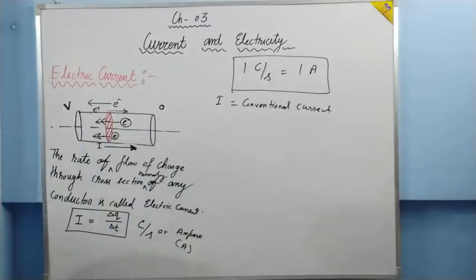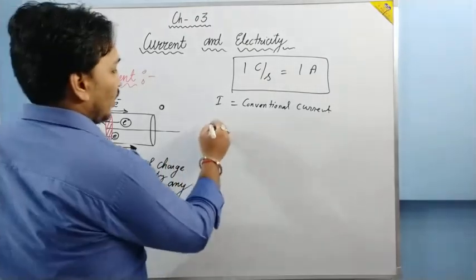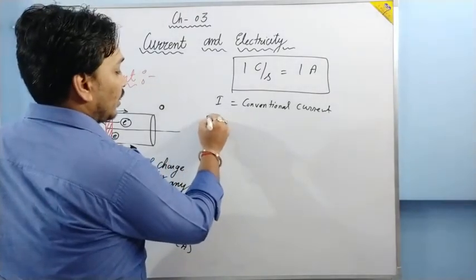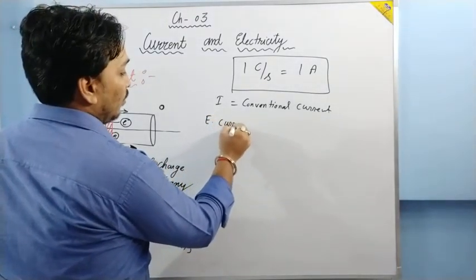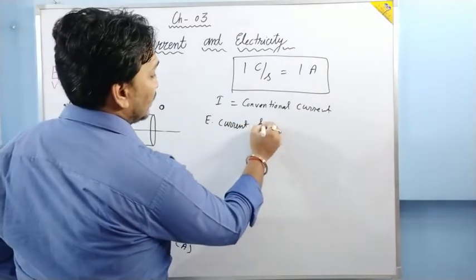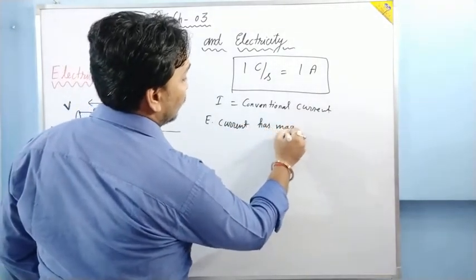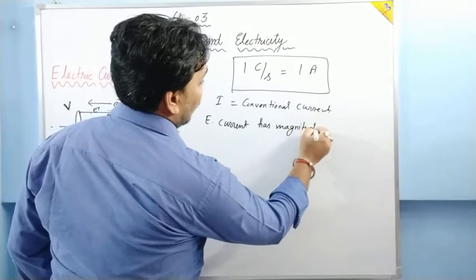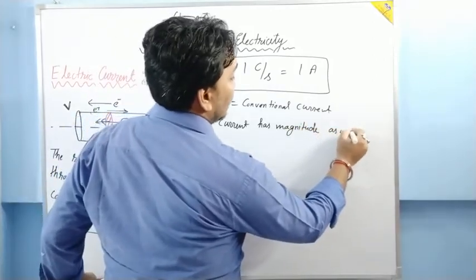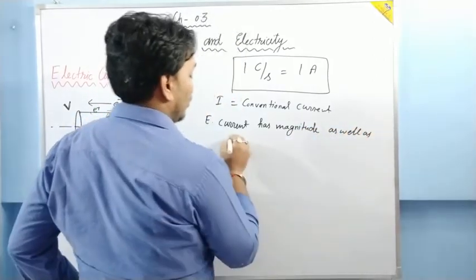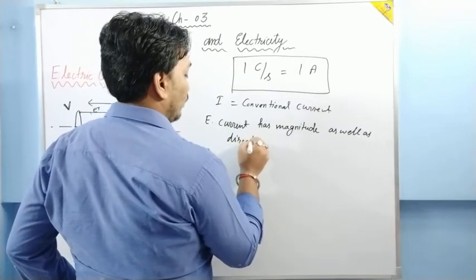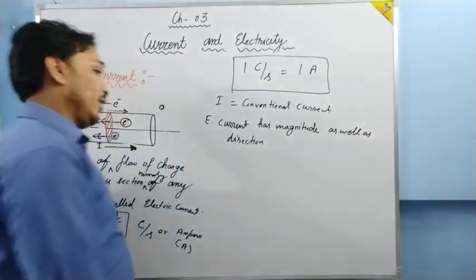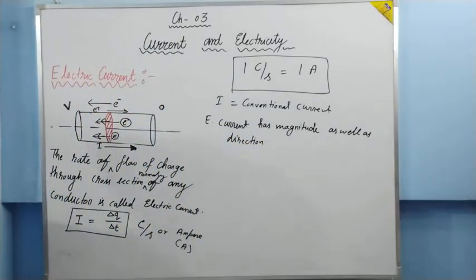Some more points about I. Electric current has magnitude as well as direction. How will the direction be?